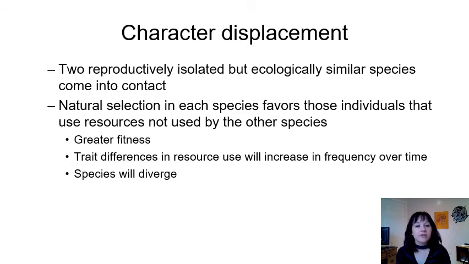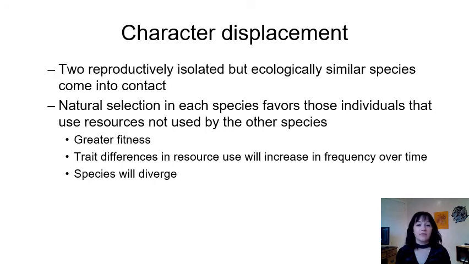So again, character displacement. We've talked about this before. It's when you have two similar species that are acquiring different traits that allow them to partition a resource so that they can coexist, right? So maybe you have two species that have similar sized beaks and they're going after the same sized bug.